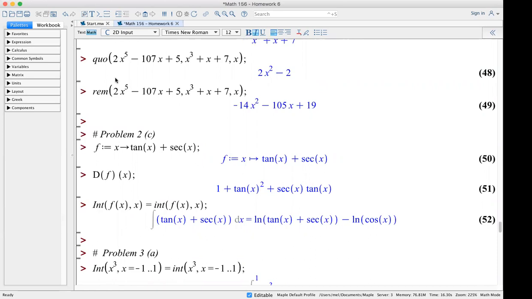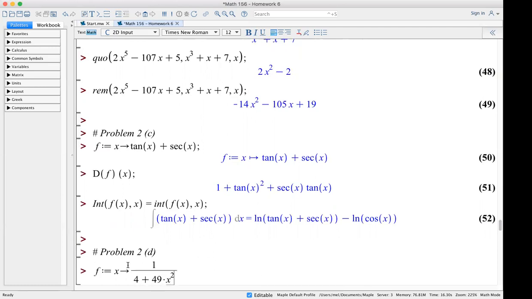Let me just put in for completeness, 2D. So here we have the function x goes to 1 over 4 plus 49 times x squared.